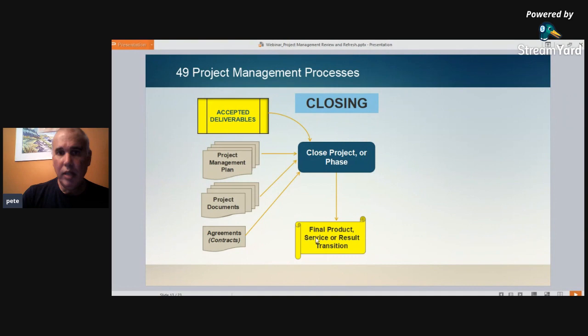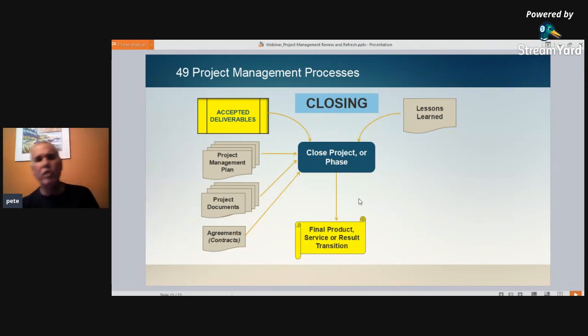Yielding as output a final product, service, or result. Remember, a project yields a product, a service, or a result. Transition. That means we're handing it over. We're turning it over to an owner, whether that be an organizational owner, a customer, etc.